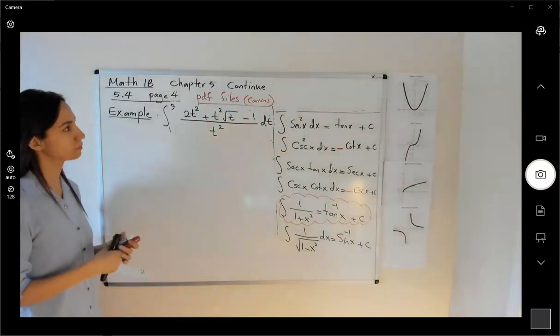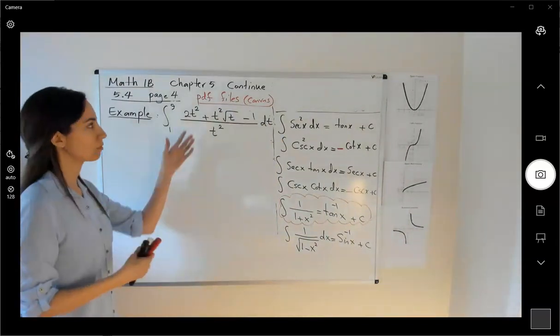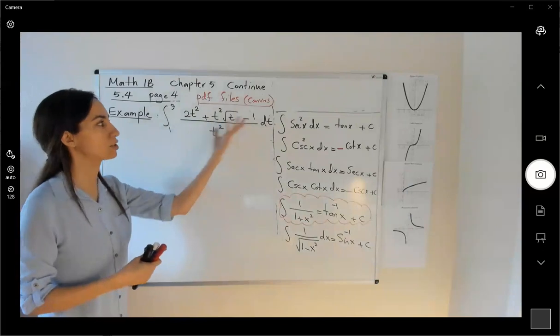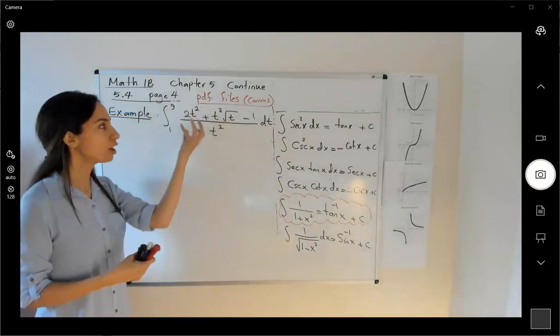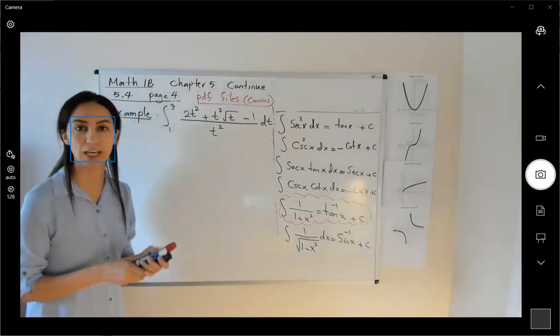When you have an expression like this, try to simplify it as much as you can.